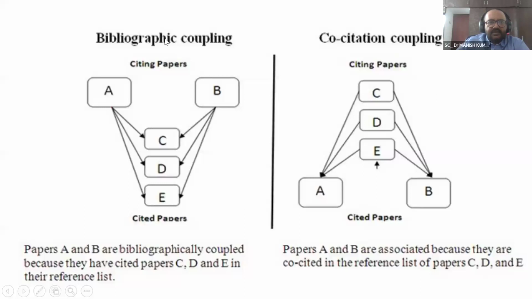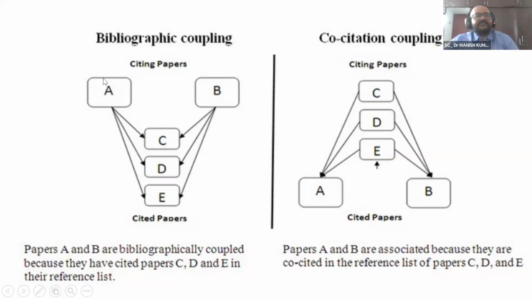That means A and B, myself and the person in London, are bibliographically coupled, because they have cited papers C, D, and E in the same subject.